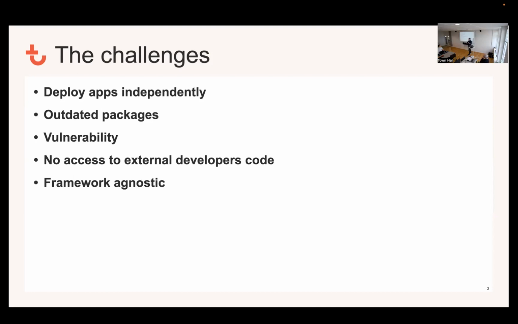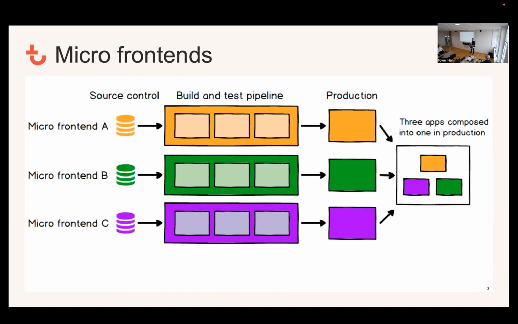So we want to control some of the dependencies that all of these apps have. But it also comes with the challenge that we don't really have access to the developer's code. They're just submitting something to us. And at the same time, we want to be a bit future-proof, so we don't want to lock in on any specific technology. So that's some of the challenges that we're facing in this.